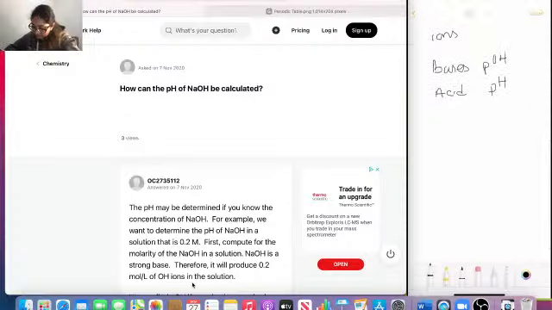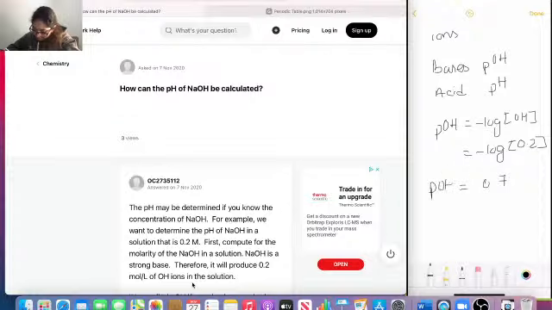To find pOH, the first step is the negative log of the concentration of OH. So it's the negative log of 0.2, right? And what we get here is 0.7.